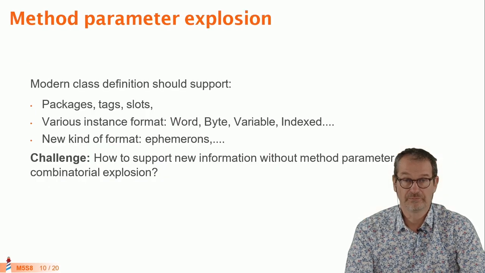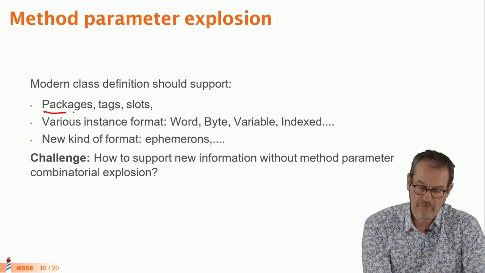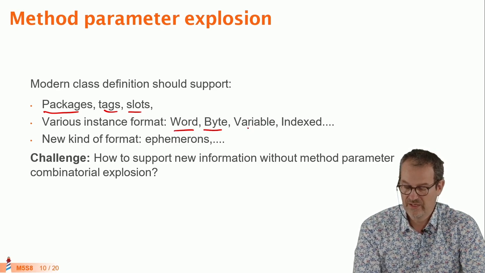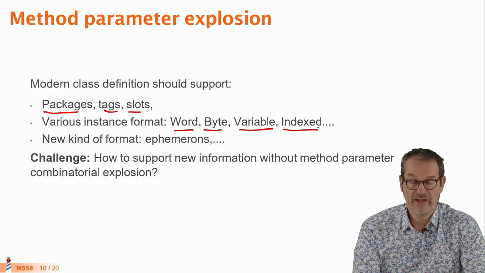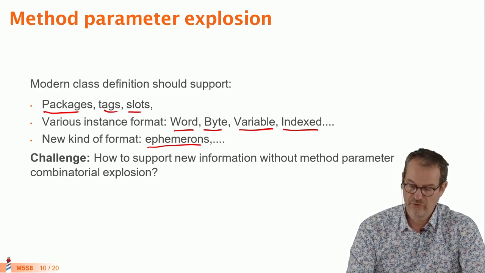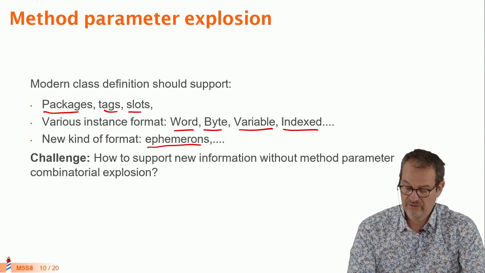And this is insane. So we wanted to really have a modern class definition because we have package, tag, slot. We have various formats like word, byte, double byte, variable, index. And then we have new formats like ephemerons, because they are special things for a weak structure. And we faced this.